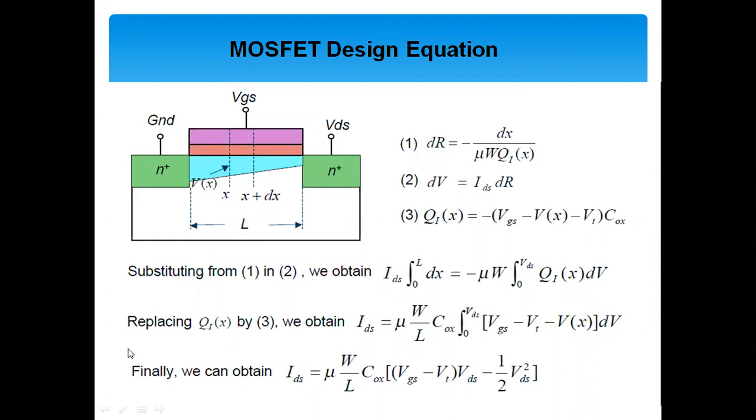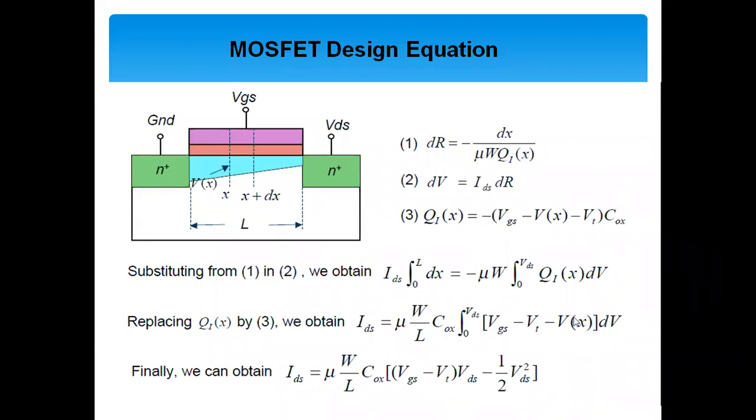Now again, replacing this Q1 of x value from equation 3 in this equation, you will get IDS is equal to mu W by L Cox integration from 0 to VDS of (VGS minus VT minus V of x) dV, right?